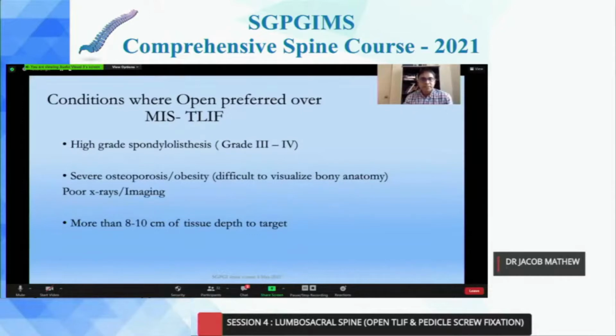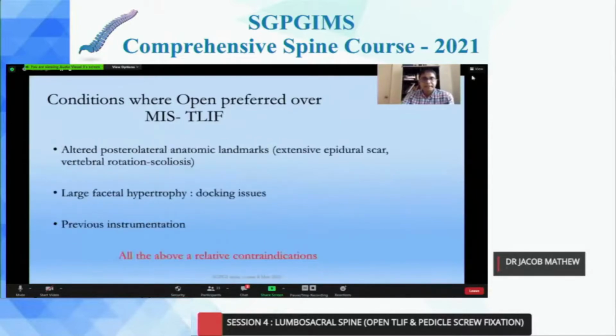When you have a high-grade spondylolisthesis, when there is severe osteoporosis or obesity and it's difficult to see the X-rays properly, when the patient is extremely obese and you have to use an 8 or 10 millimeter tube to reach the target, when there is an extensive epidural scar or a deformed spine and there is rotation, it is sometimes difficult to visualize radiologically.